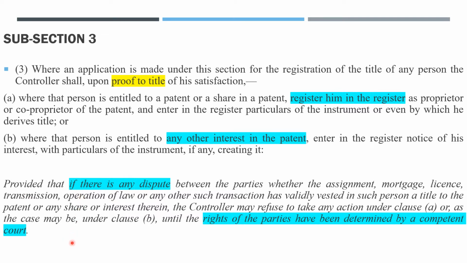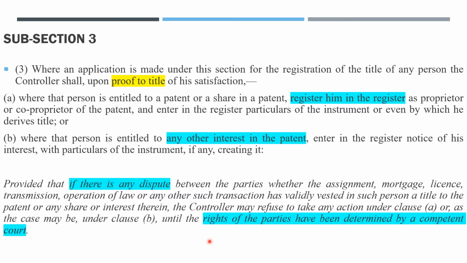Just listen to me. In case of a dispute, the controller may refuse to take any action under clause A or clause B until the rights of the parties have been determined by a competent court, or in a way we can say, until the dispute is solved.